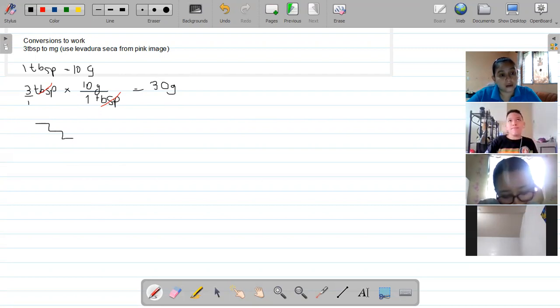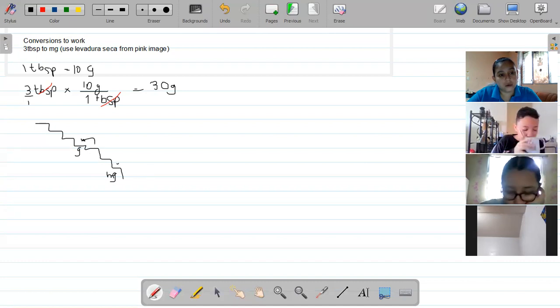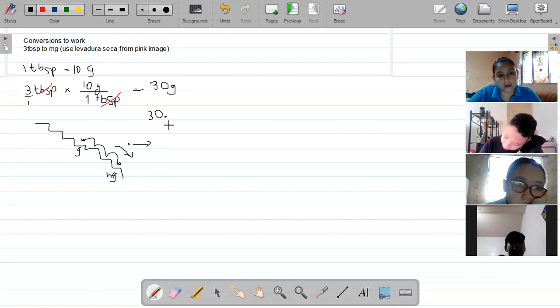So I have my stair, 2, 3, 4, 5, 6, 7. Gram is in here and milligram is over here. You're going to use your stair. You're going down. How many steps? 1, 2, 3 steps. You're going down 3 steps. So that means that you're moving the decimal point to the right. Okay, so I got the 30 that has the decimal point at the very right.